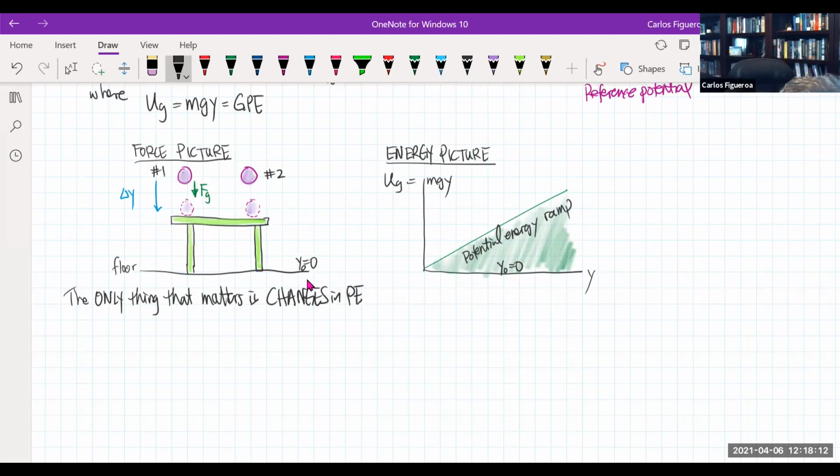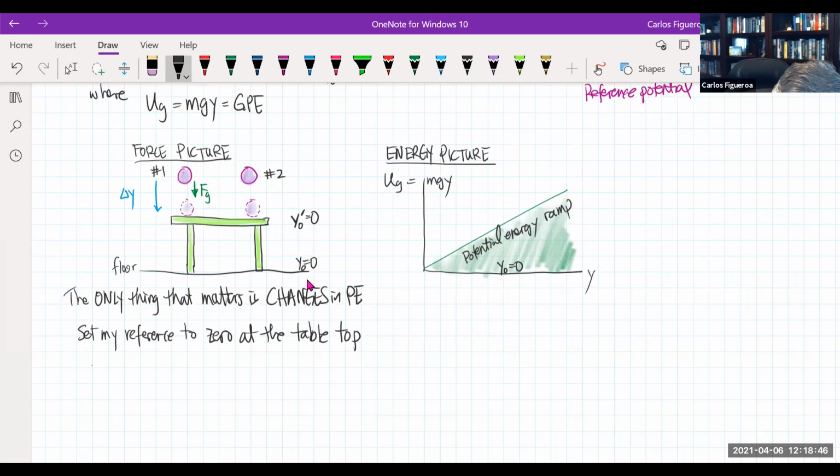So what I'm going to do here is set my reference potential to 0 at the tabletop. So now I'm going to list numbers here. I set y initial equal to 0 here. But now I'm saying I'm going to put y prime initial equal to 0 at the tabletop.